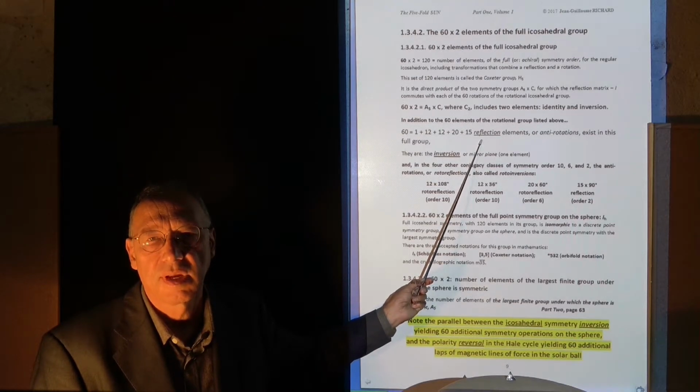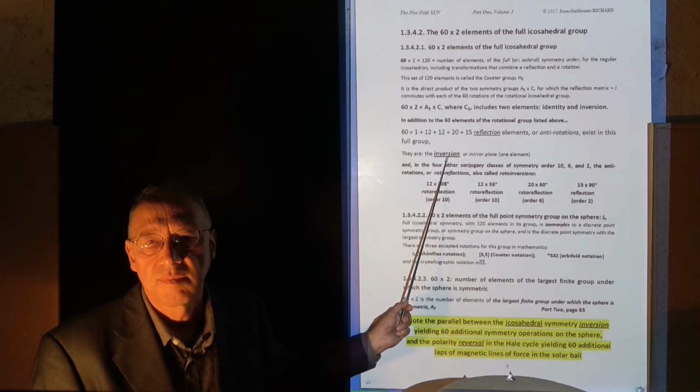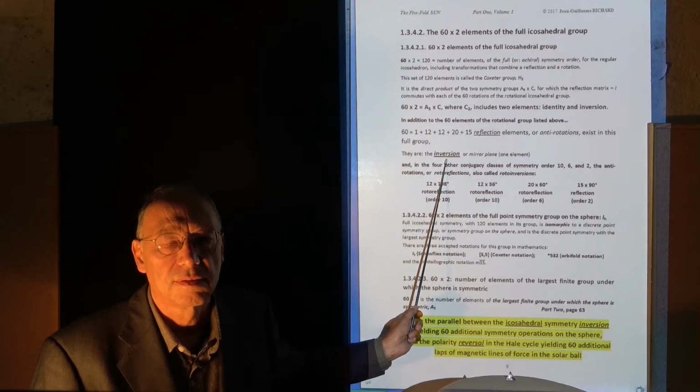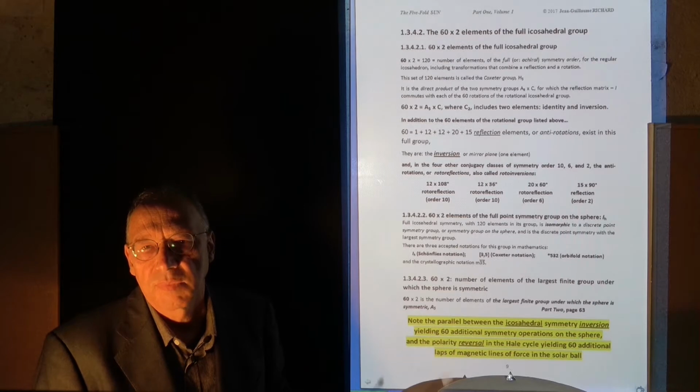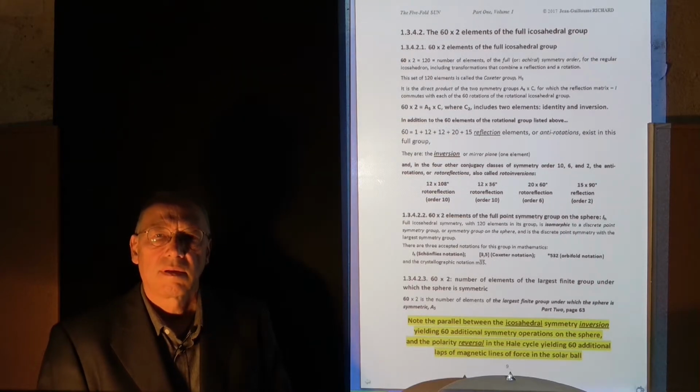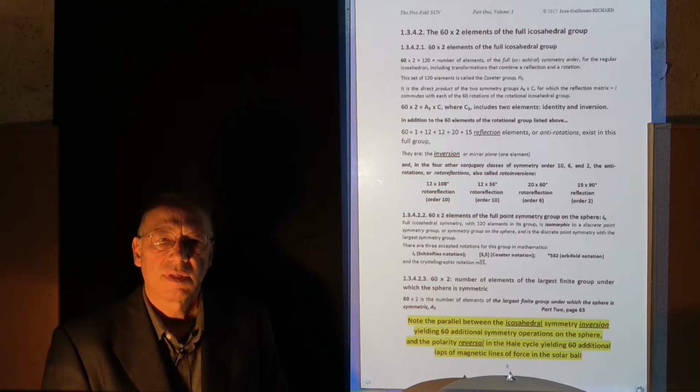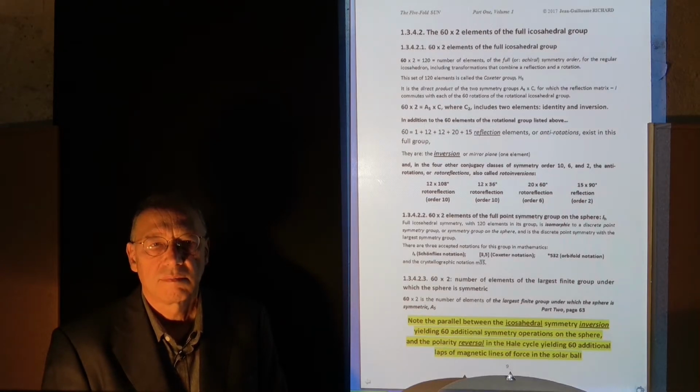The first element is the inversion. So we have a double set of 60 elements in the full icosahedral group.